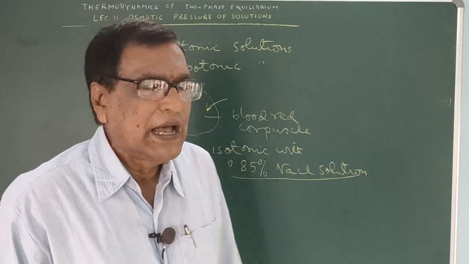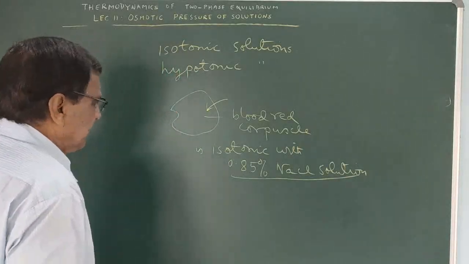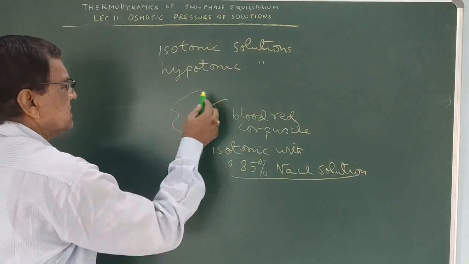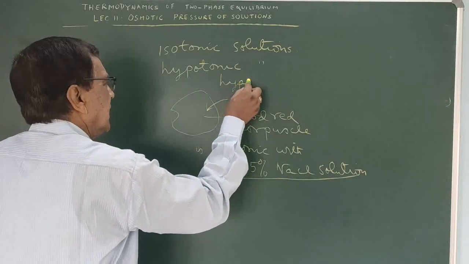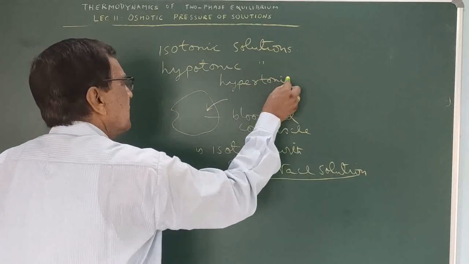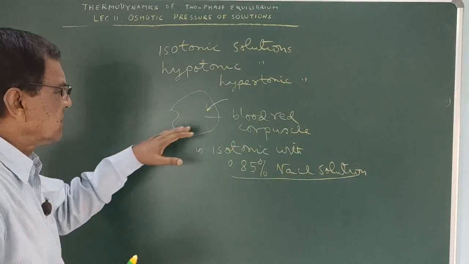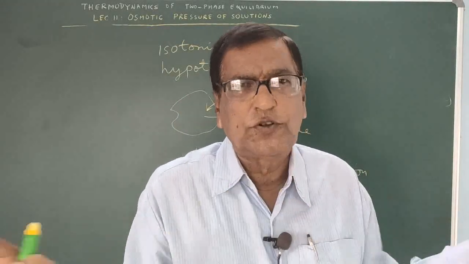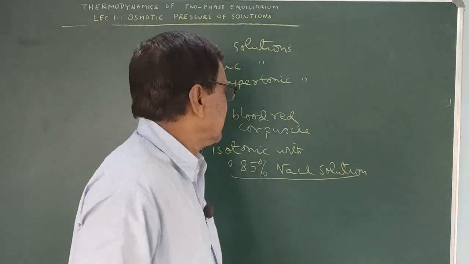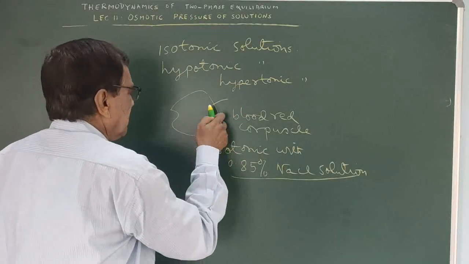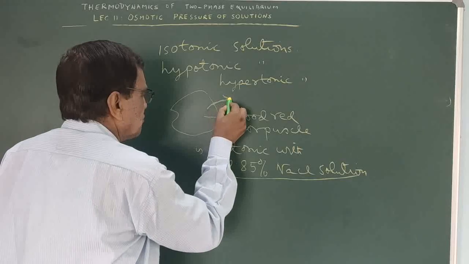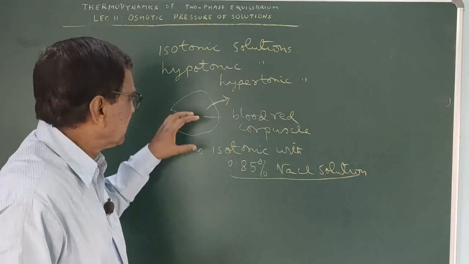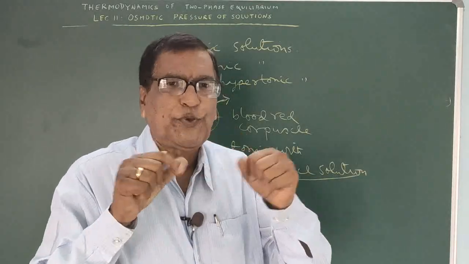On the other hand, if we take a concentration of sodium chloride greater than this, it is called a hypertonic solution. Whenever the blood cell is within the hypertonic sodium chloride solution, the water comes from the cell to the outside, to the hypertonic solution, and the blood cell will be squeezed.